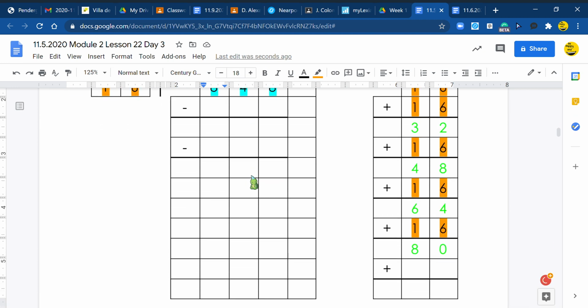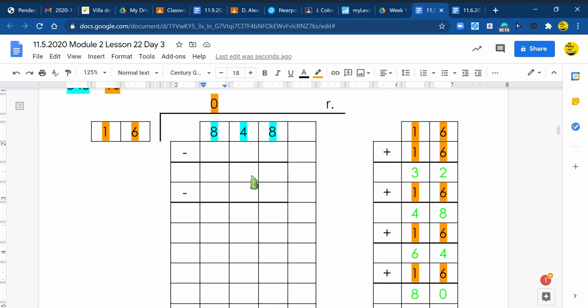So I'm going to scroll down and see if I have a number that's close to 84. And I do. So now I'm going to count 1, 2, 3, 4, 5. Up in the quotient, I'm going to write 5. And 5 times 16 is 80. So right here, I'm going to write 80. And I got it, and it's a green number, so I'm going to make it green. So you see where I get it.